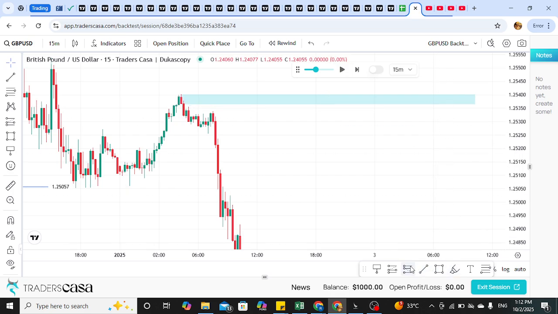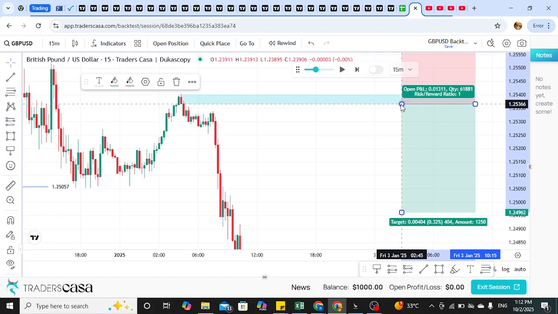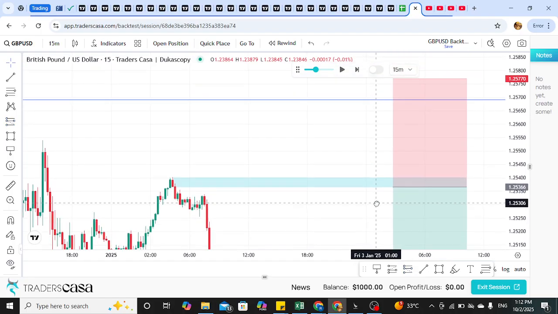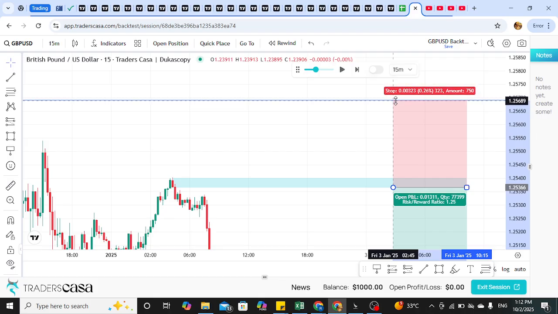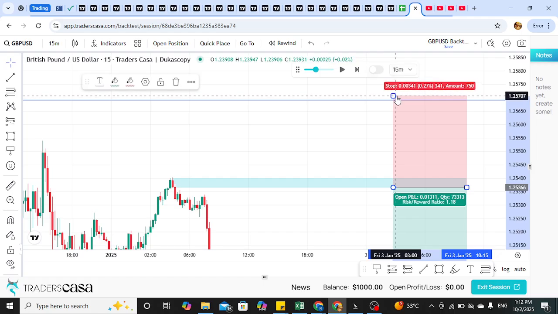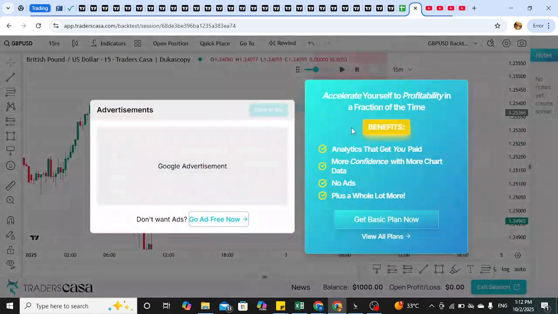Okay, so this is the short. Now, the origin of this is to have the stop loss exactly at the top limit. Since this is a liquidity area as well, I just put it a little bit above, but it will depend, this is very far away. So let's see.